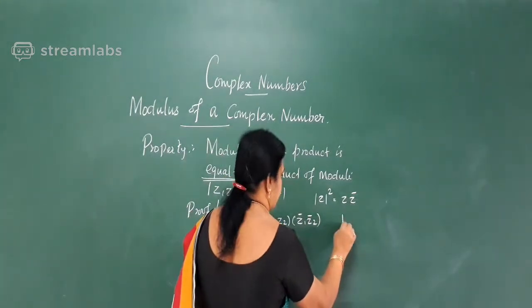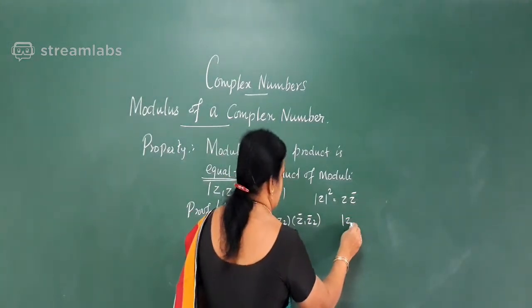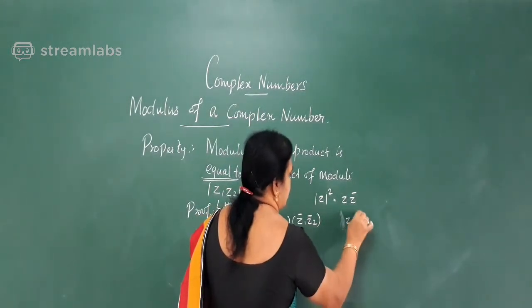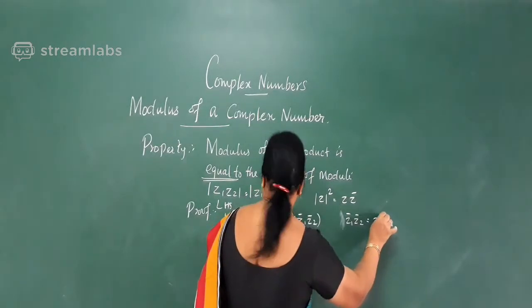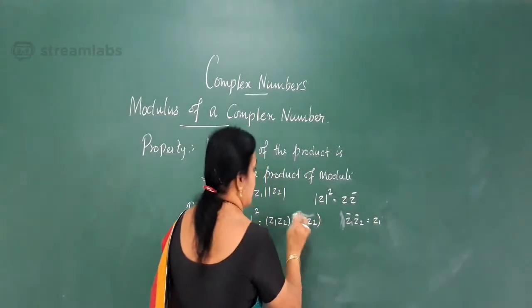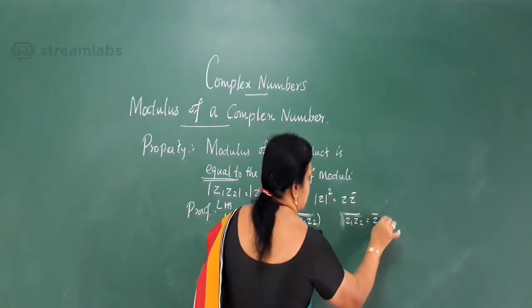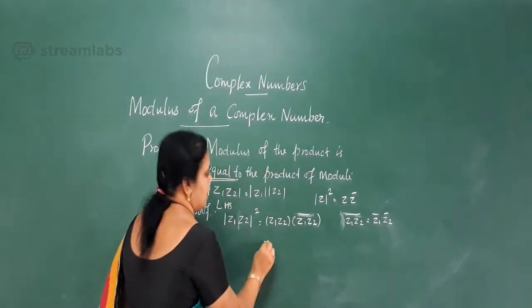Here, modulus z1 z2 whole bar, first we have to write the whole bar, then by using this, we have to split this.